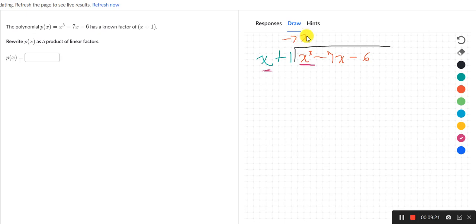Well, that is x to the power of 2, or x squared. If I multiply x squared times x, the result is x to the power of 3. But then I need to multiply it by the first one and the second one. So x squared times 1 is x squared.